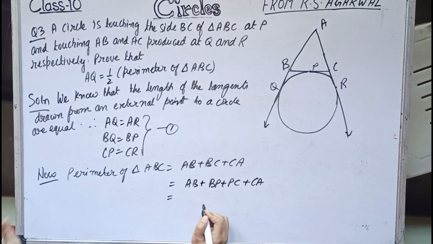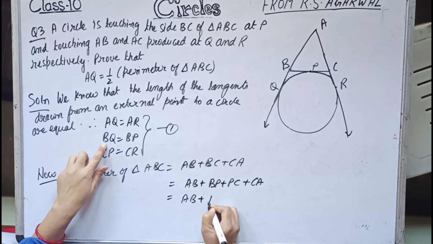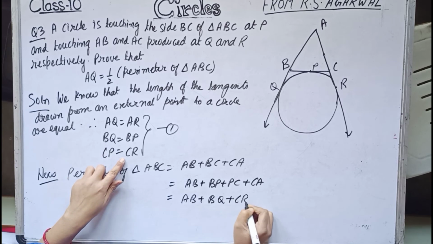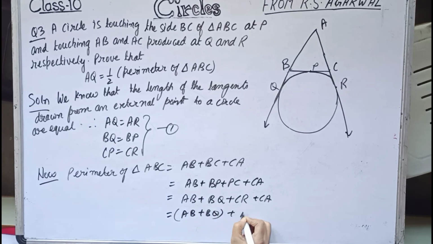Using property 1, BP equals BQ and PC equals CR. So we can write this as AB plus BQ in bracket and AC plus CR in bracket. The same thing, but some arrangement has been done.